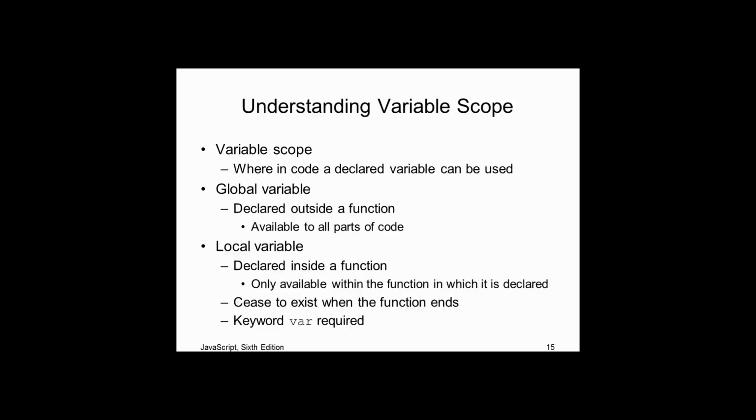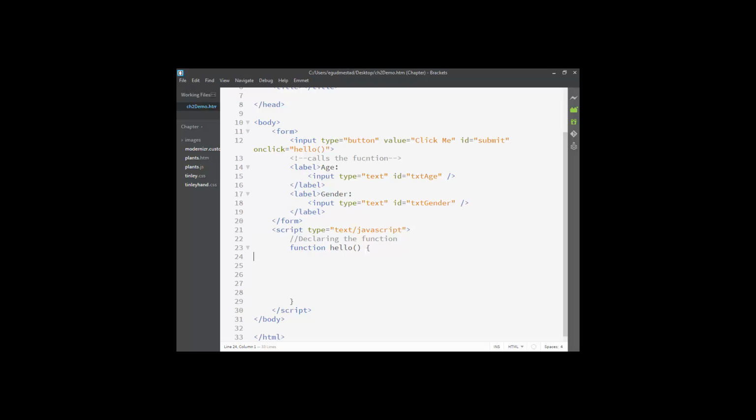So another concept is variable scope. And here's an idea here, okay? For the 7th time, what's this variable called? What's the name of it? It's a parameter, right?